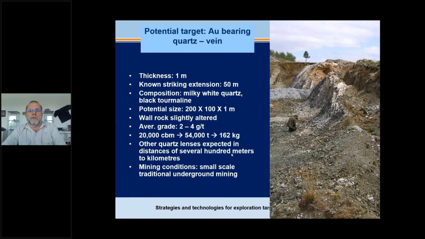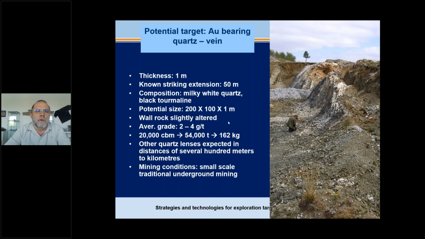So now we go to Mongolia. Another gold target, a quartz vein with a thickness of around 1 meter. The known striking extension is more than 50 meters. It's composed mainly of milky white quartz and black tourmaline, and the potential size is around 200 by 100 by 1 meter.